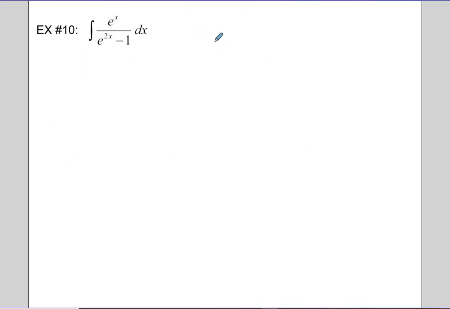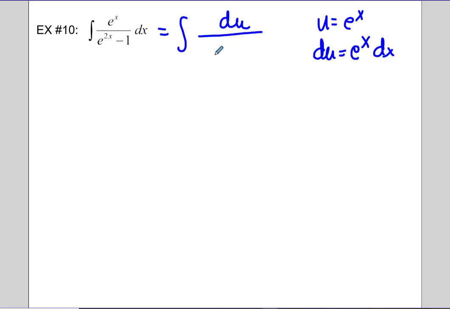And last but not least, we're going to look at this one and let u be e to the x. And then du is e to the x dx. So our integral would be du in the top and u squared minus 1 in the bottom.